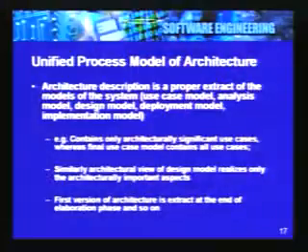So this contains only architecturally significant use cases. When you are talking about architecture of the system, you are only extracting architecturally significant central use cases, whereas the final use case model may contain all the use cases. Similarly, architecturally important design aspects from the design model you can extract, and the final version of the architecture is extracted at the end of the elaboration phase of your software life cycle. So this is the unified process approach to architecture, and architecture gets developed iteratively during the elaboration phase.